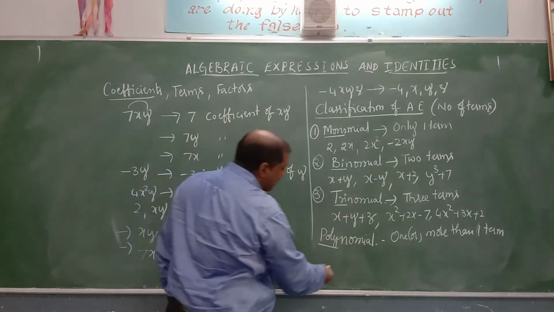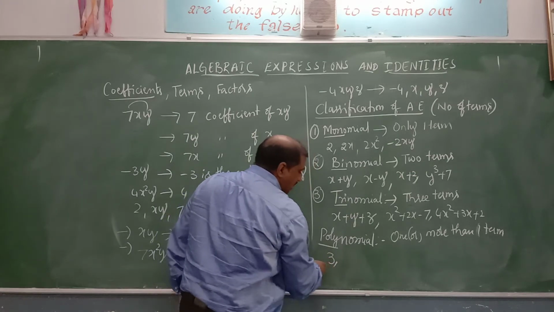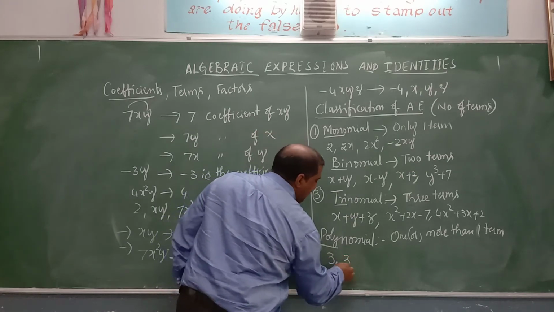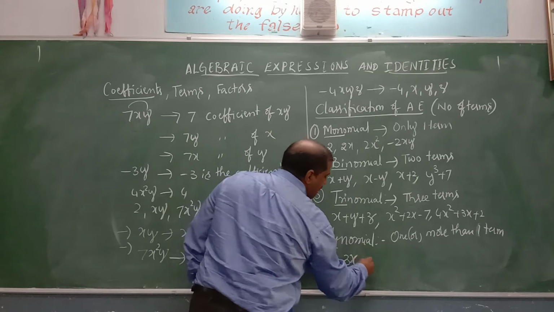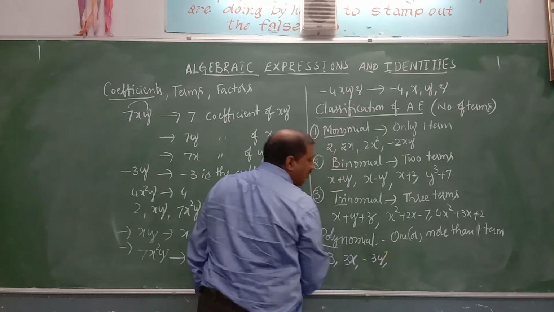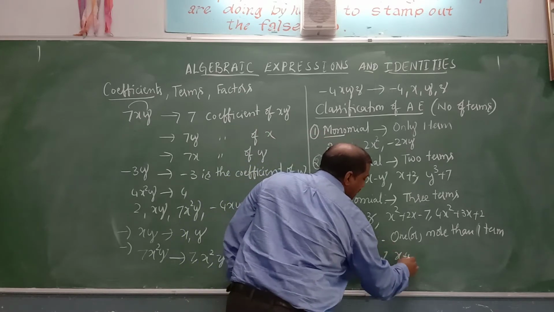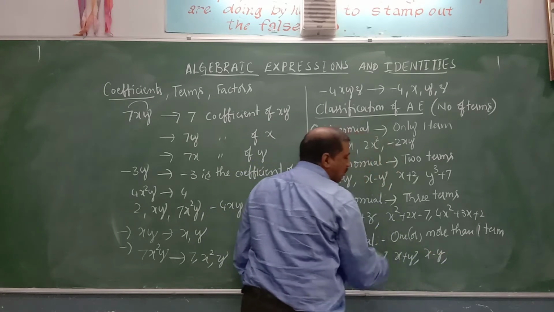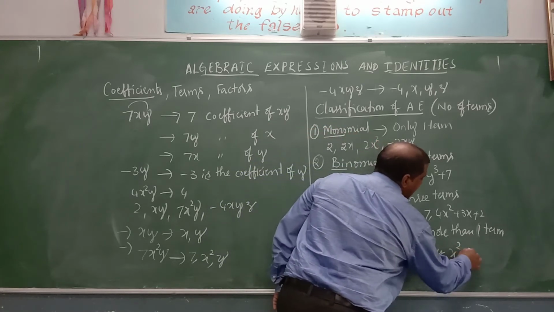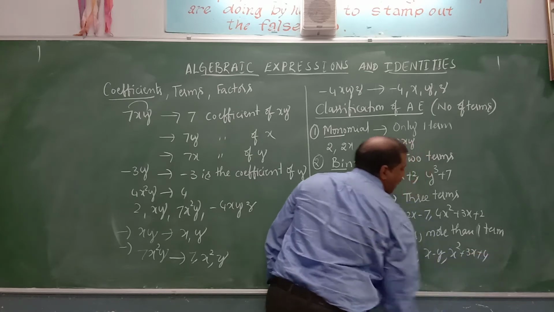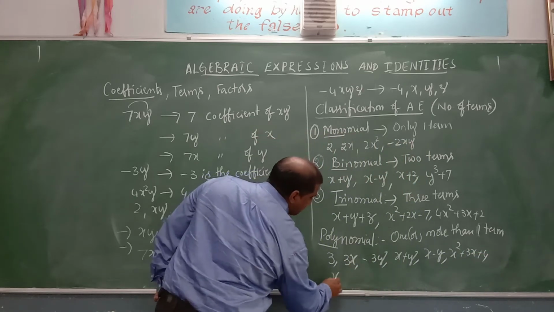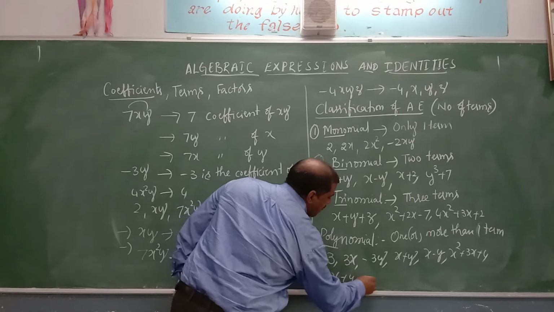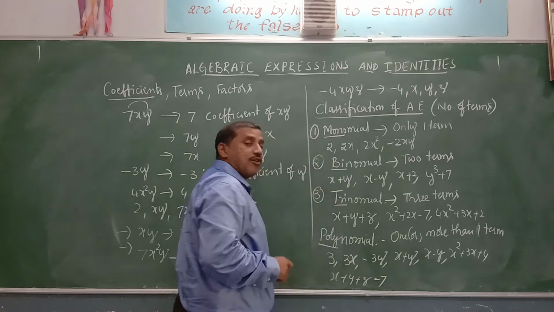Examples for polynomials are 3, having only one term, 3x, having only one term, minus 3y, having only one term, x plus y having 2 terms, x minus y having 2 terms, x square plus 3x plus 4 having 3 terms, x plus y plus z minus 7 having 4 terms.